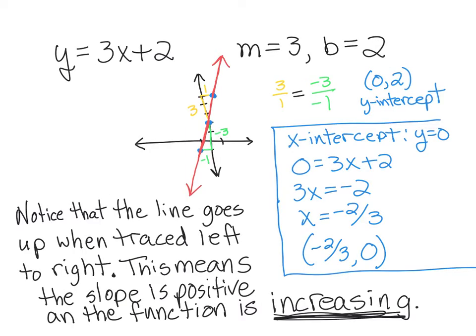So let's look at one quick example. If I have the line y equals 3x plus 2, this is in slope-intercept form, I instantly know where I'm crossing the y-axis, so I plot that point. And I instantly know that my slope is 3. Well, what is 3? Because the slope is a ratio, right?